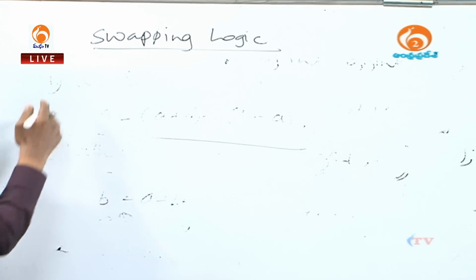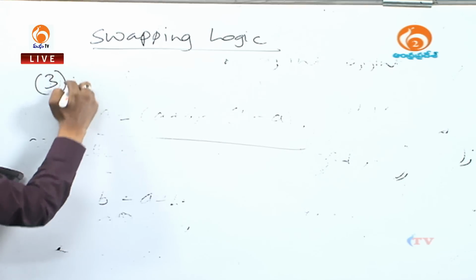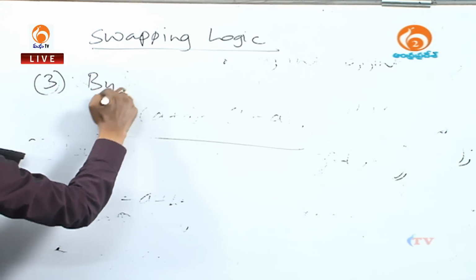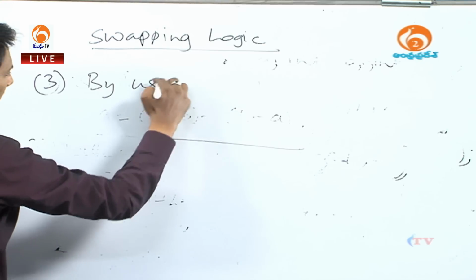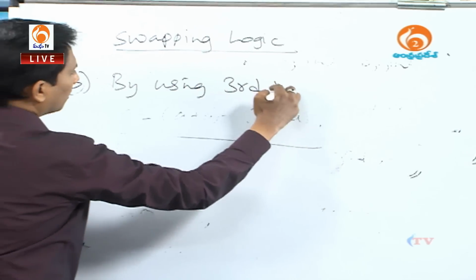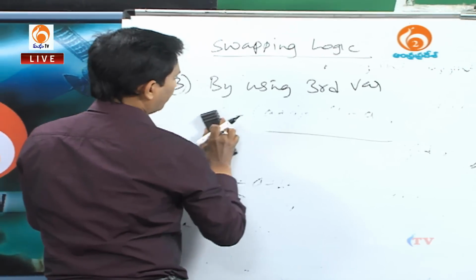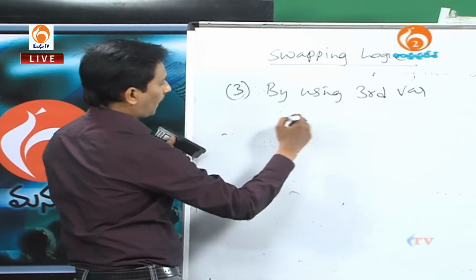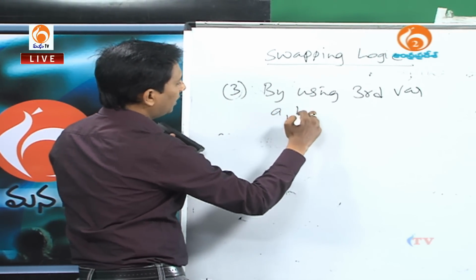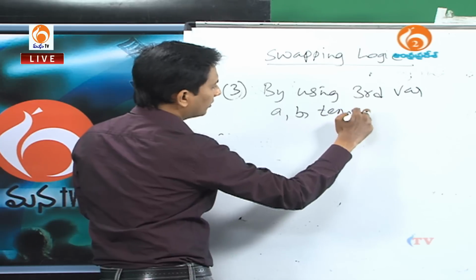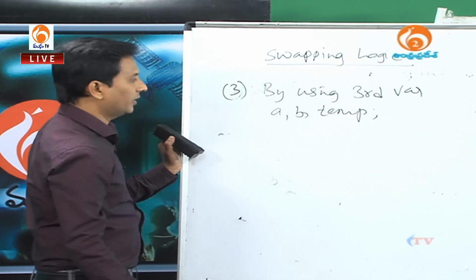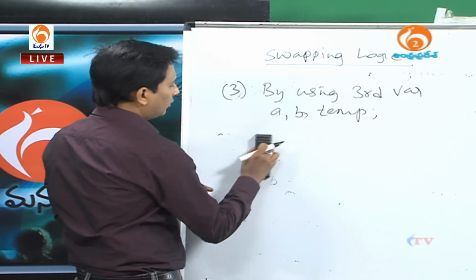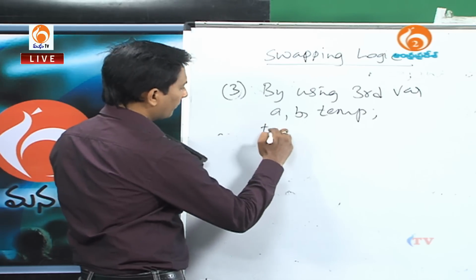Three swapping logics can be written. The third one is by using the third variable. A, B, temp are the variables. First, temp equal to A, you need to store one variable into temp.